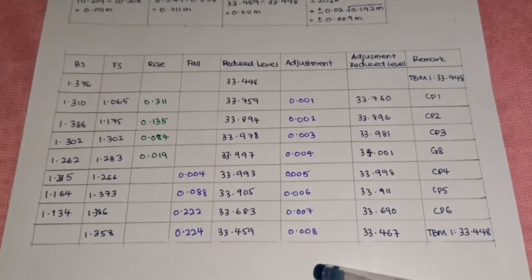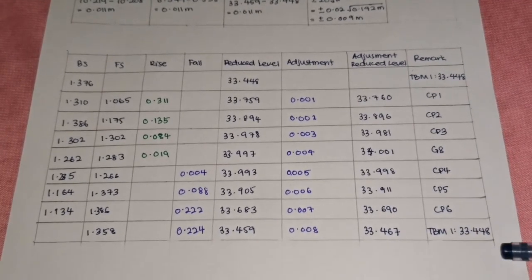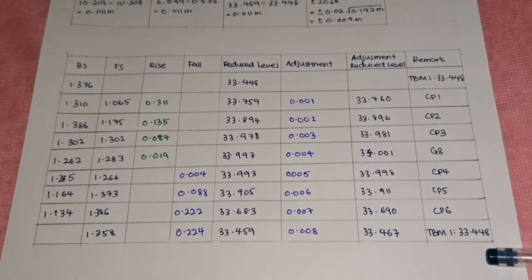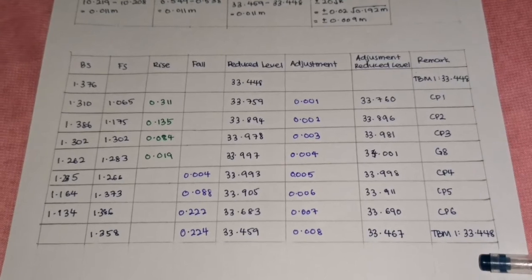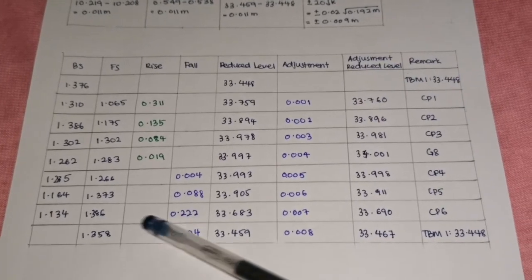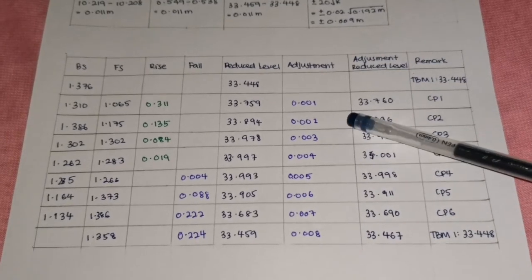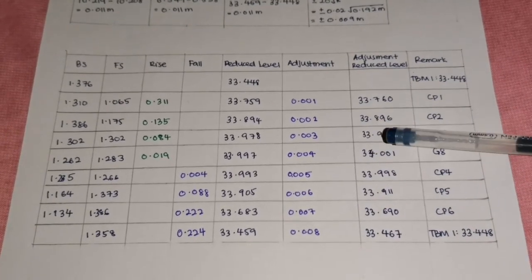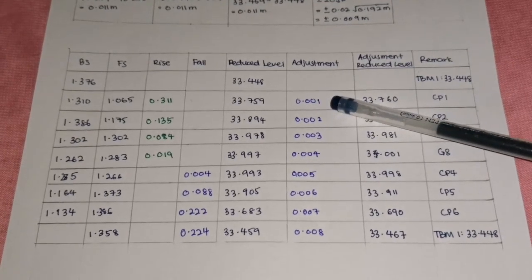So in this case, 33.459 minus 33.448, then we get 0.011. Then we divide by the number of BS, then we get 0.0013 something. Then we round it off, then we get 0.001.